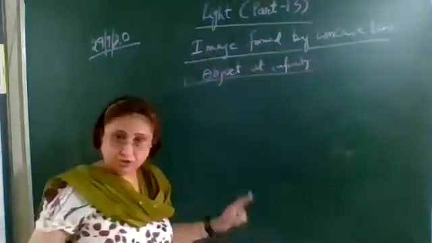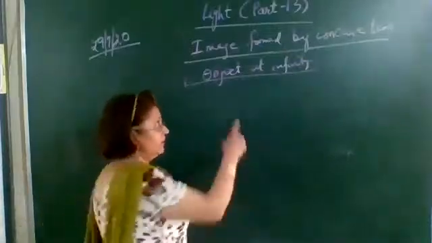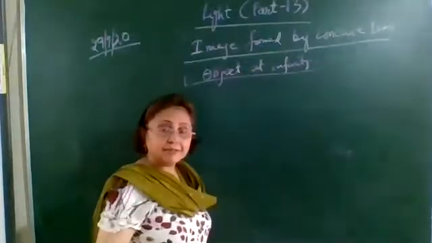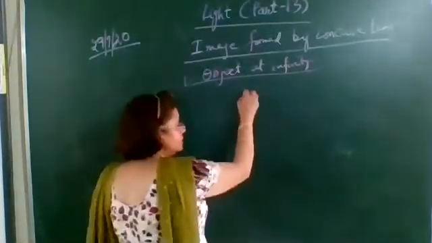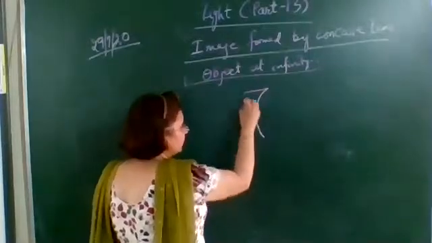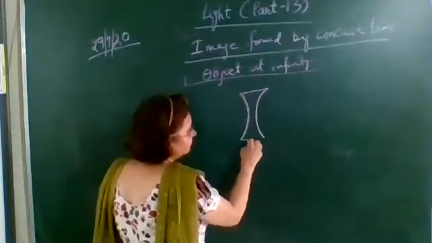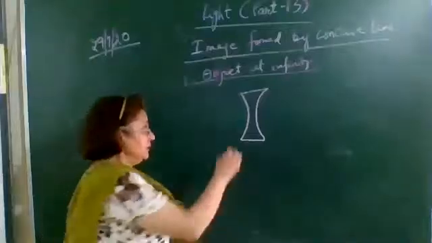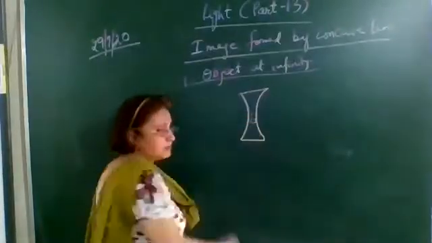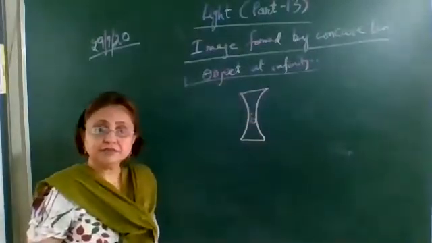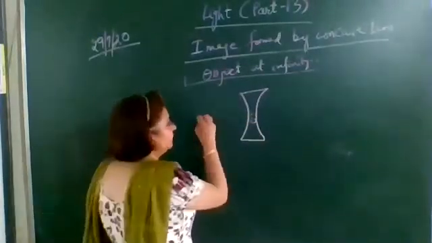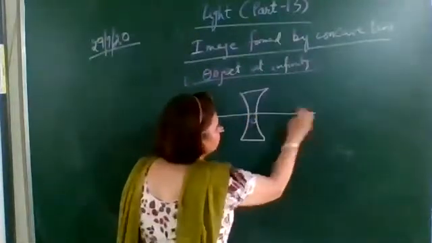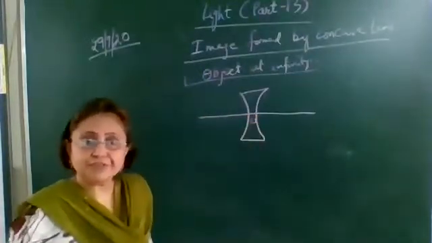Okay, now this time we'll draw a concave lens. Why? Because we are studying the image formation by a concave lens. How is the concave lens? Thinner in the middle and thicker at the edges. The central point of the lens is the optical center. Draw a line passing through the optical center and perpendicular to both the faces.